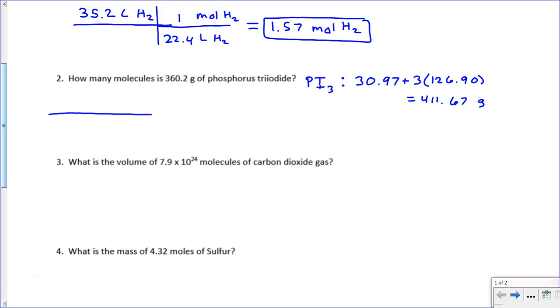So we start here with the number that's given, 360.2 grams of PI3. We have to go from grams of PI3 to moles of PI3.